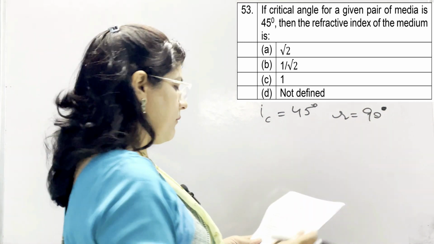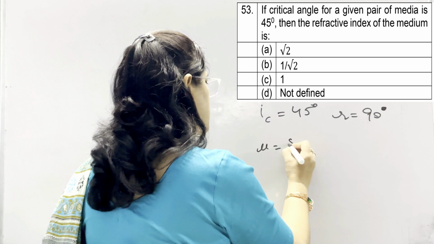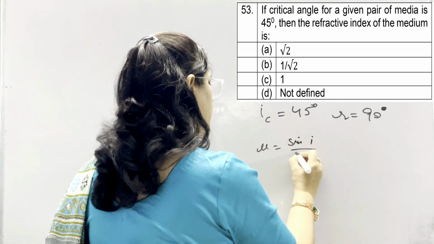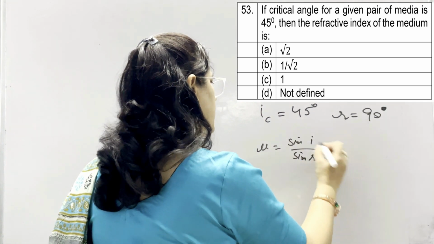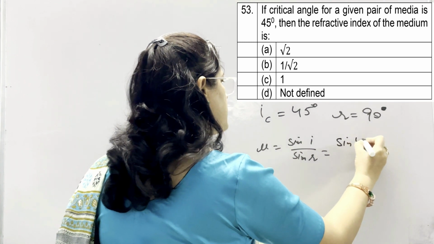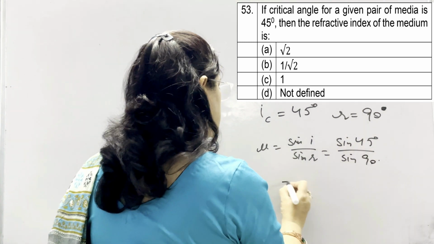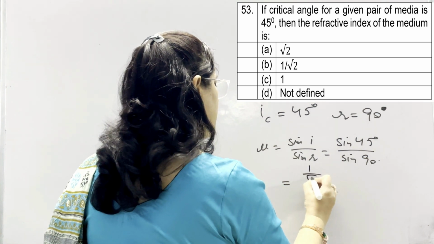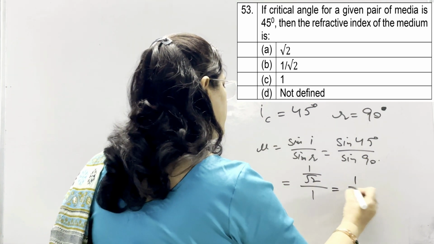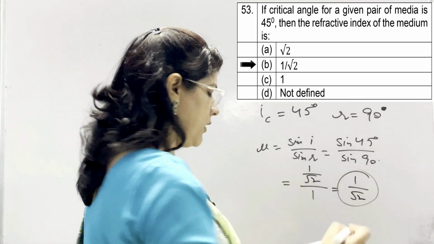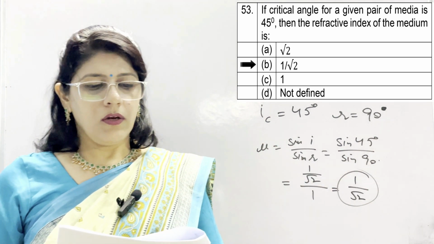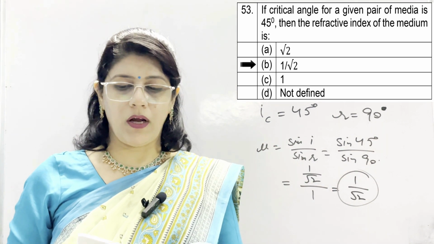So we know the formula for mu, it is sin i upon sin r. Here angle of incidence is 45 degree and angle of refraction is 90 degree. So sin 45 value is 1 upon under root 2, upon 1. So 1 upon under root 2 is the correct answer, which is our option number B, 1 upon under root 2.